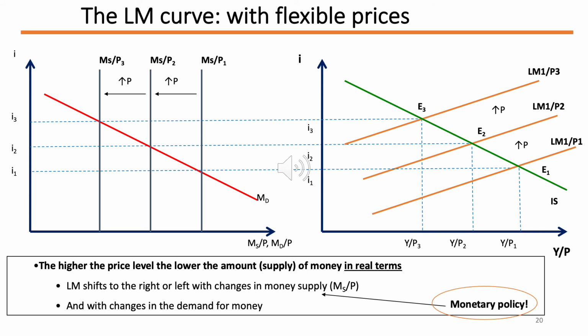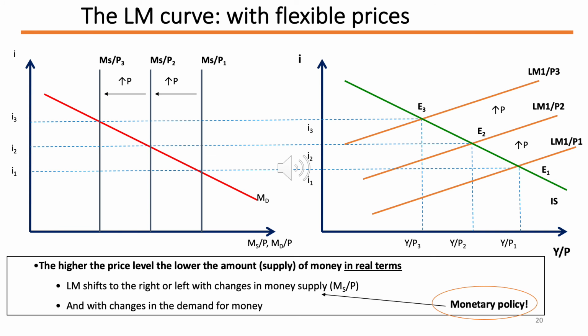We can use this very simple model of only two sectors, spending and the monetary sector, in order to represent the equilibrium in the economy. This is something we do here on the right-hand side of the slides, where you have the IS line, the green line, declining with the level of interest rates, and the first LM1 over P1 line.